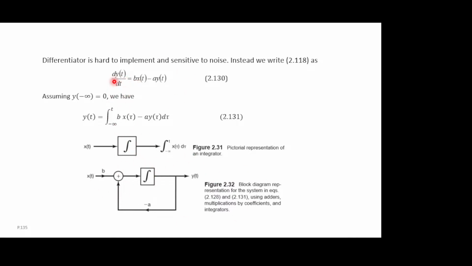So y of t is here, and it will equal the integration of b x minus a y. Here this is minus a y, and here we have b x, and then we have the integration. So y of t equals the integration of b x minus a y. So that's an example of how to express differential and difference equations as block diagrams. And I think later in the course we will have more complicated examples of those. Any questions?